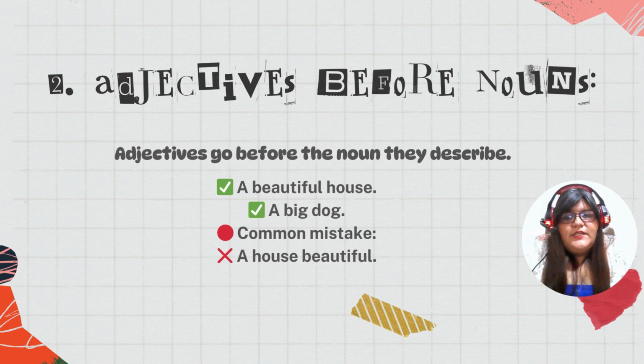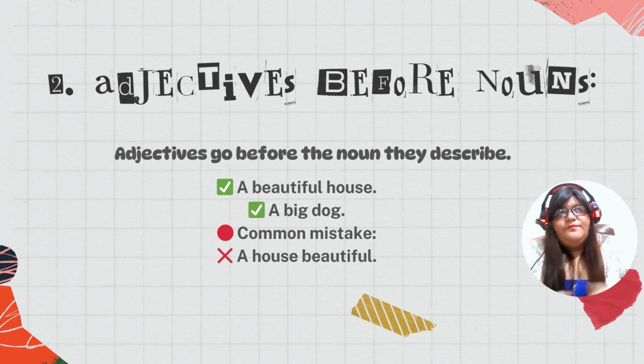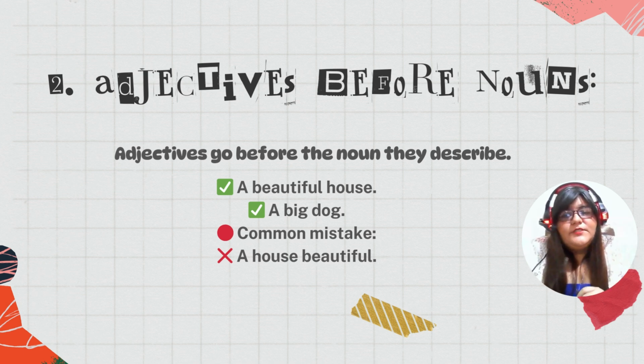The common mistake that some students commit is a house beautiful. That doesn't have any sense to me, and we have a structure and we have to respect this structure. It was made to avoid this kind of mistakes. But of course, you are learning. I'm not saying that today you studied this and tomorrow you won't make any mistake.